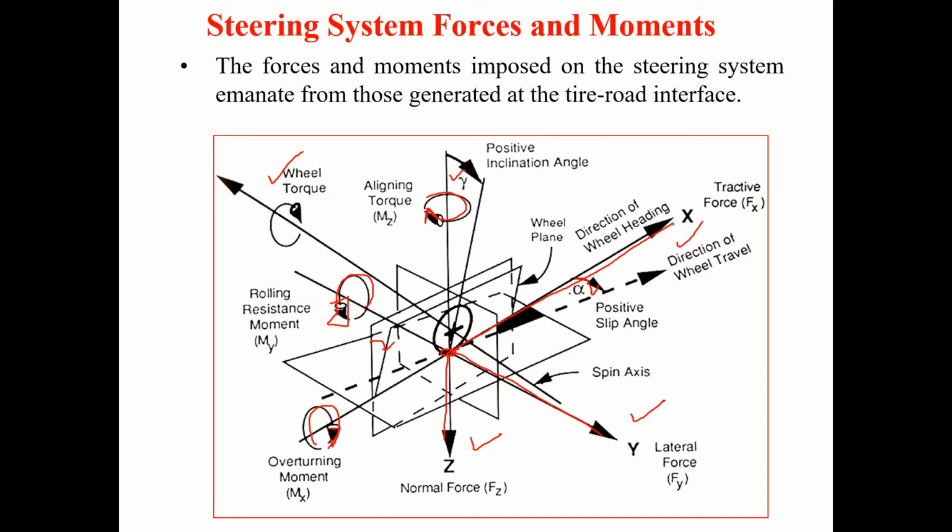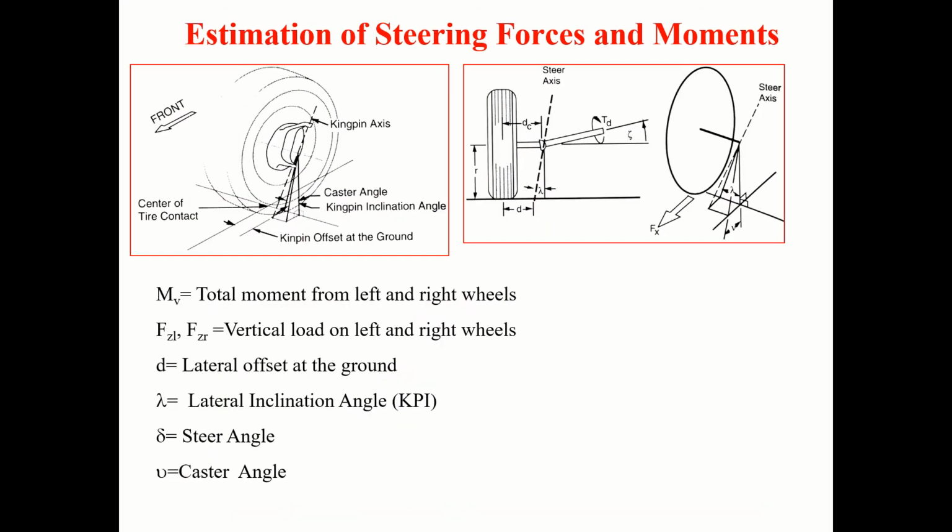When all these forces are there, now let us see how to find the equations for aligning torque, rolling resistance moment, overturning moment, net vertical force, net lateral force, net traction force, all these kinds of things, and what moment it is going to create.